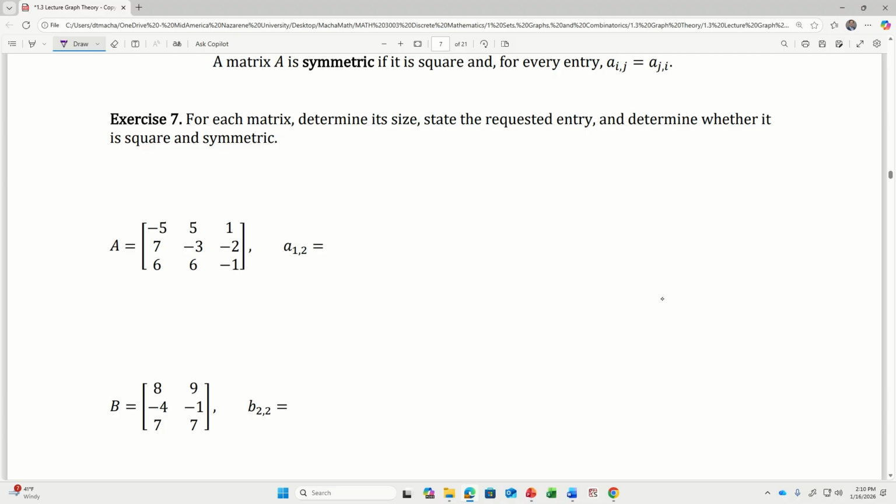So for each matrix, determine its size. If I look at this matrix A, I would say that the size is 3 by 3 because there are 3 rows and 3 columns. The requested entry is 1, 2. That subscript is the row index, comma, the column index. So this is row 1, column 2.